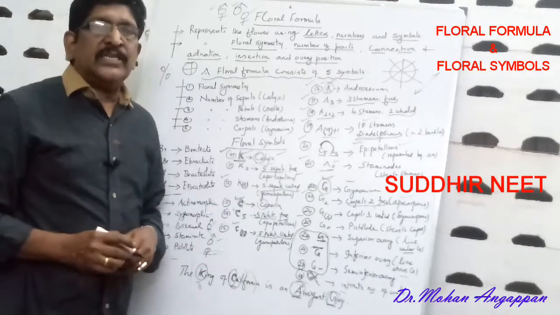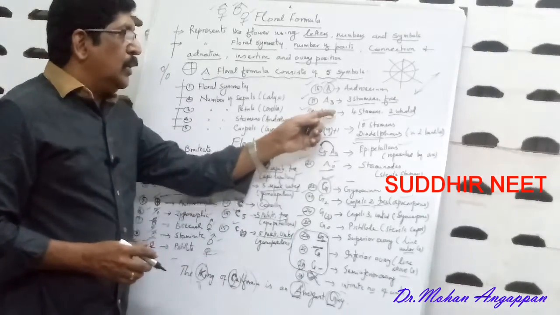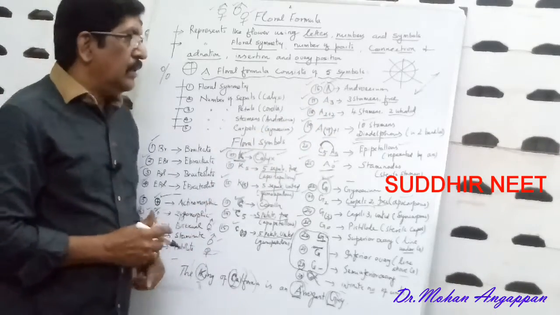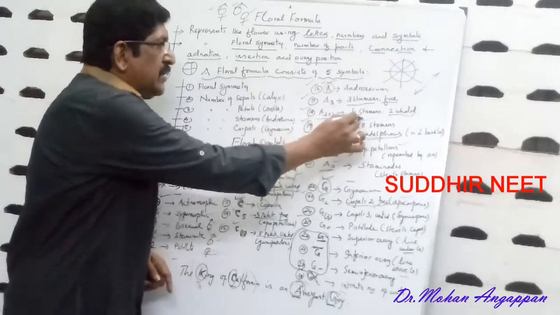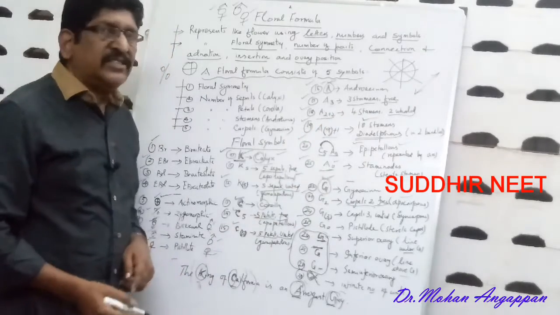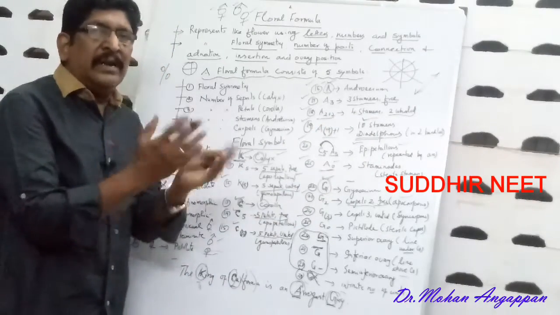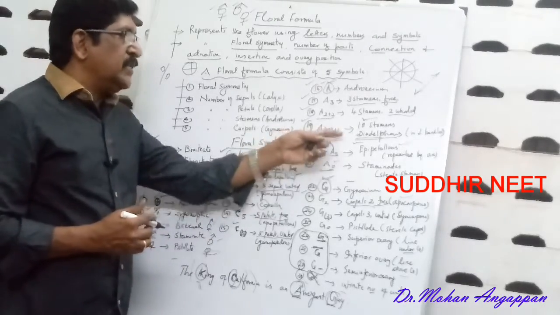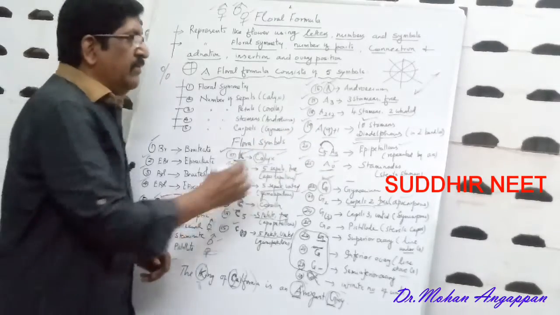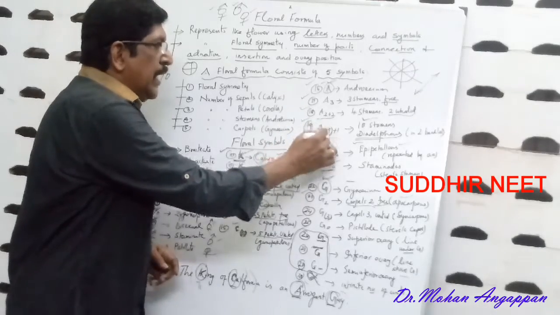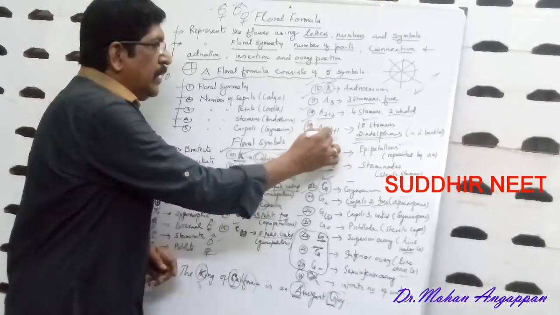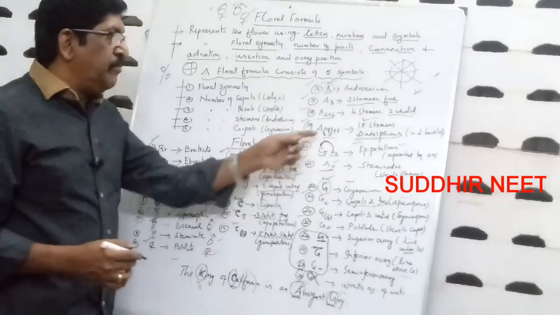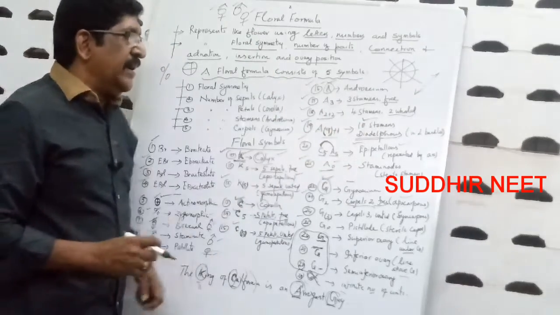A for androecium, and 2 plus 2: 2 whorls of 2 stamens each. Next, if there are 10 stamens arranged in 2 bundles, diadelphous condition, 9 in one bundle and 1 free, the symbol will be A, androecium, 9 stamens in 1 bundle within bracket plus 1. A within bracket 9 plus 1. So 10 stamens, diadelphous condition.